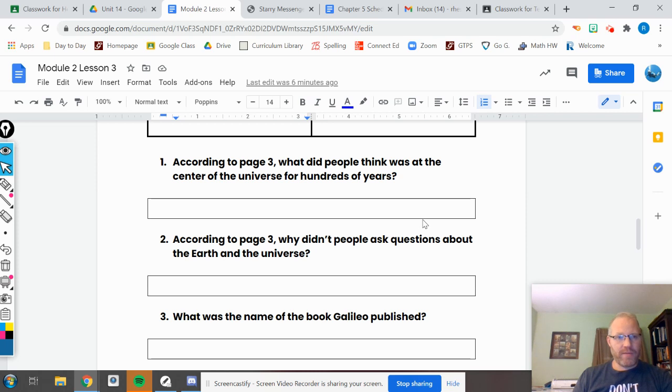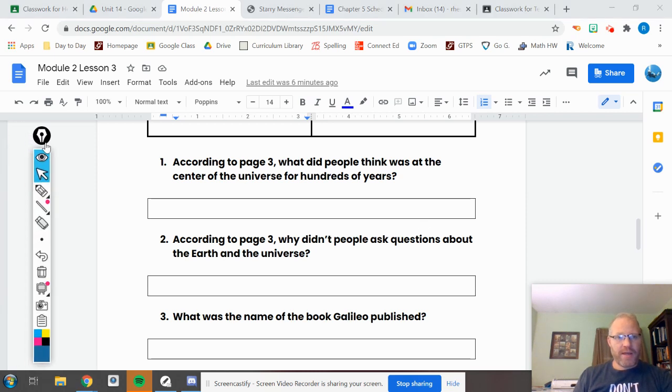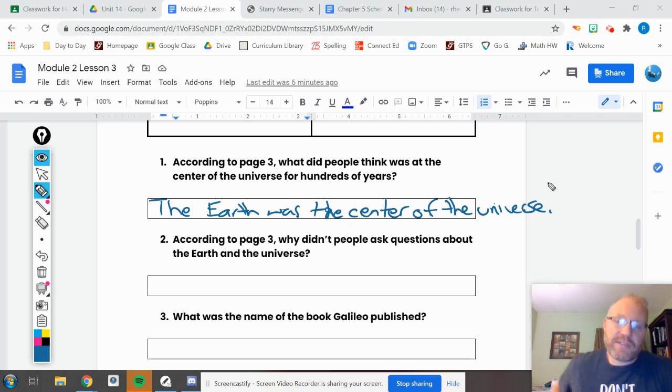So hopefully you understand that people believed that the earth was the center of the universe. Now, we know because of science that the earth is actually not the center of the universe.